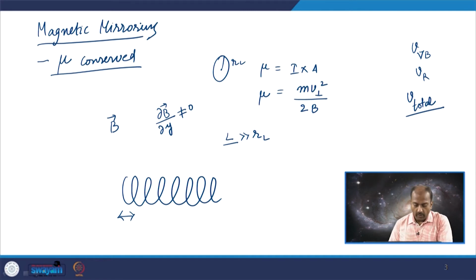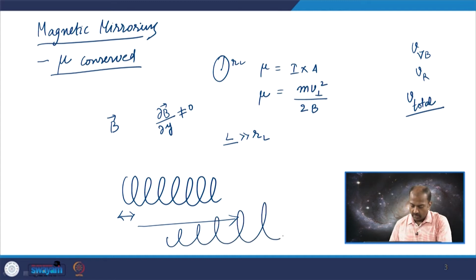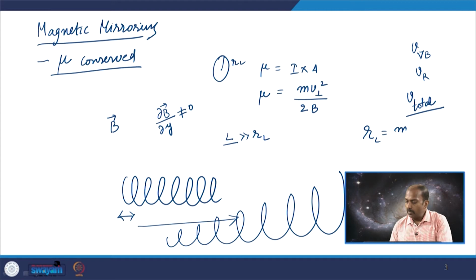So, we are not going to complicate one single orbit of the particle. Rather, when the particle moves across the magnetic field, we may expect something like this to happen because of the strength of the magnetic field changing. But we will not expect one single orbit to be complicated because the field strength is changing. We know that the radius of gyration is mv by qB.